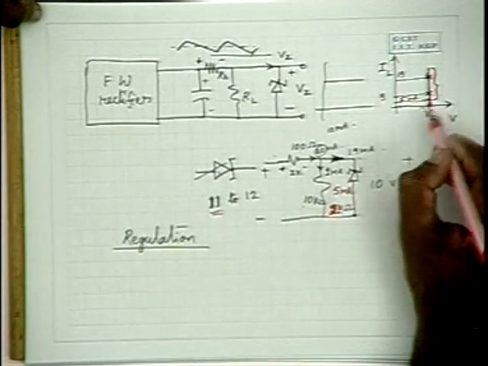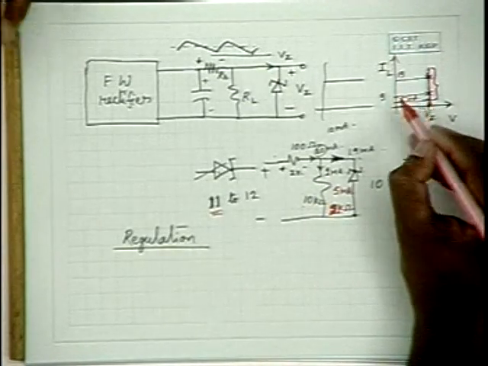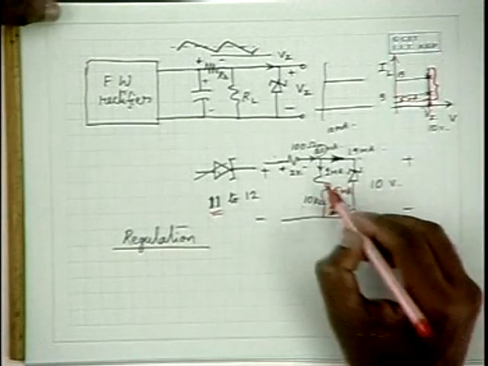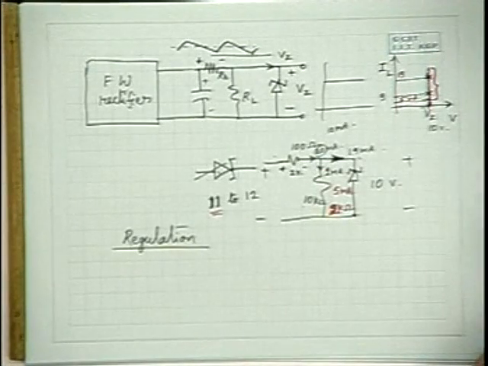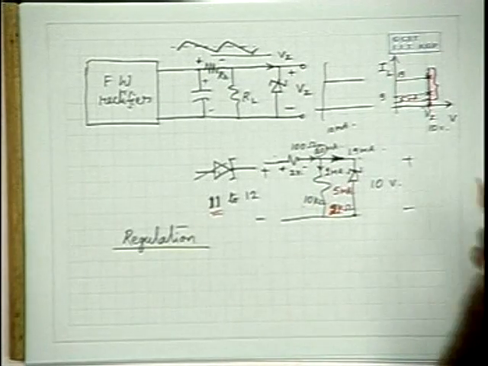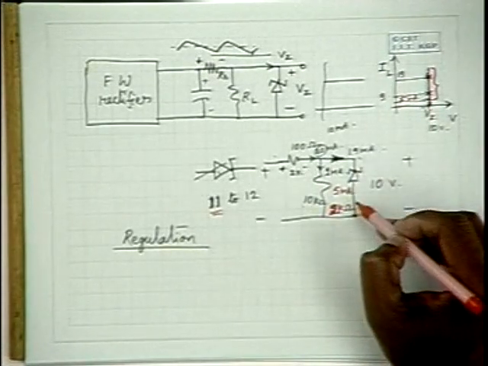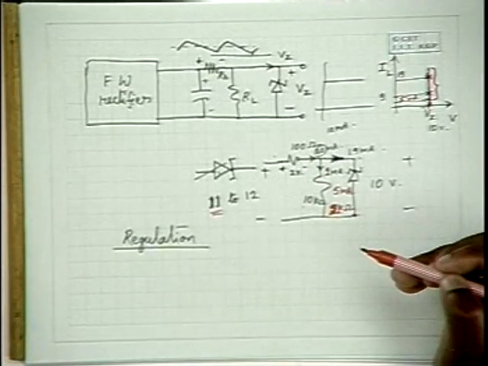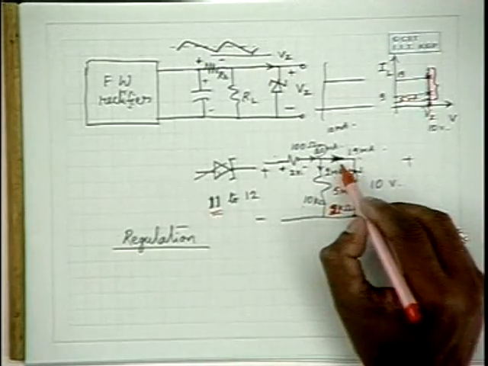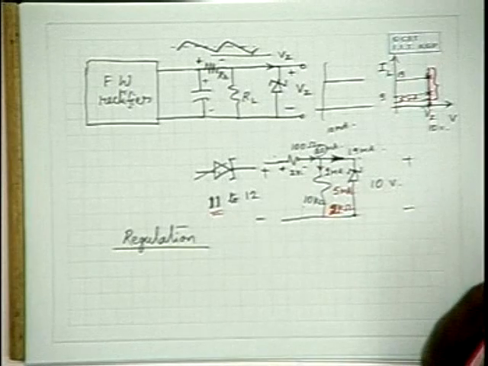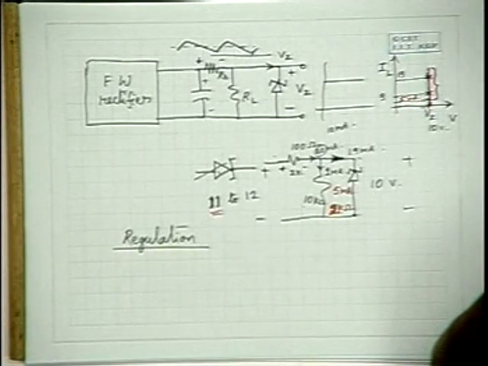If the current flowing through the Zener can be varied between 5 milliamperes and 50 milliamperes, then the load variation can also be of the same order. If this can vary over one decade, the load variation also can be over one decade with the output voltage remaining constant.